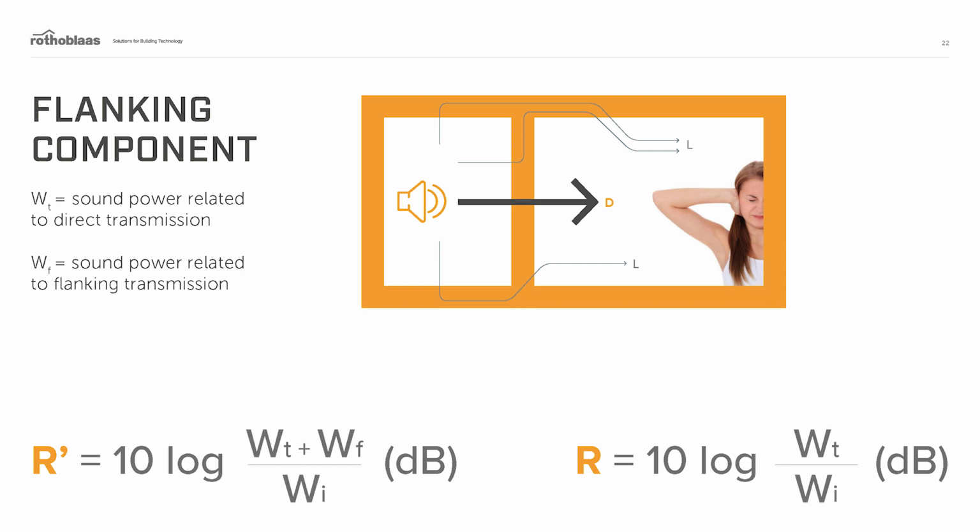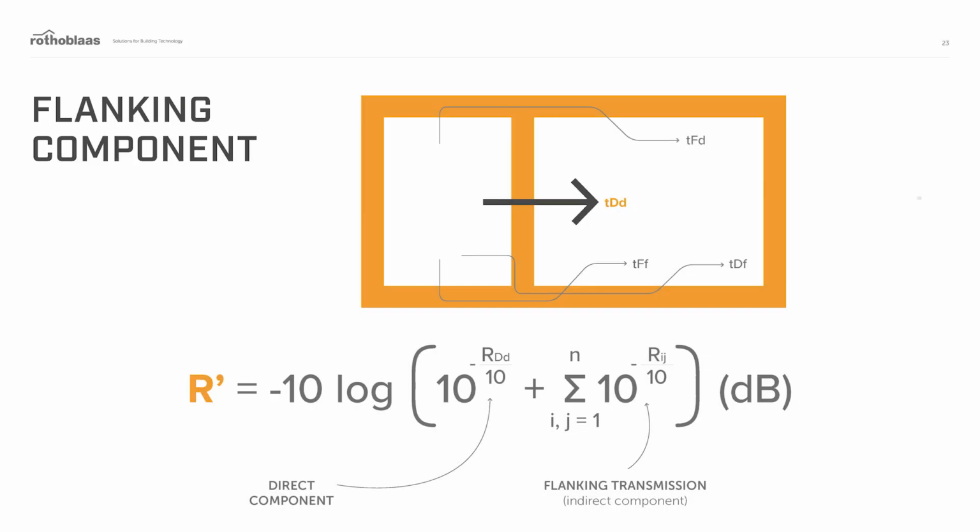In this case, the acoustic performance measurement in situ is expressed by the apparent sound reduction index, R'. This is because in a real building, the effects of lateral transmission, also called flanking, have to be considered. Also, other indirect components need to be considered, such as the coatings or claddings, the heating systems, etc.